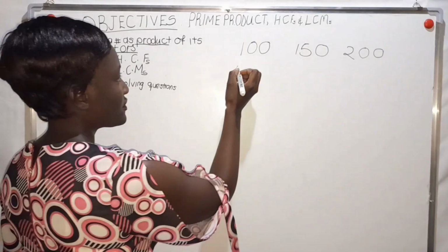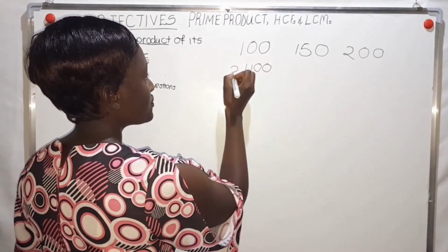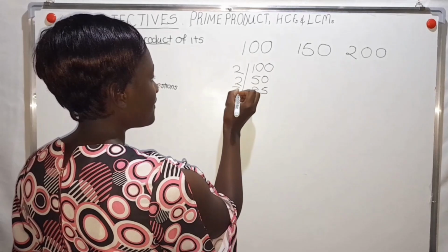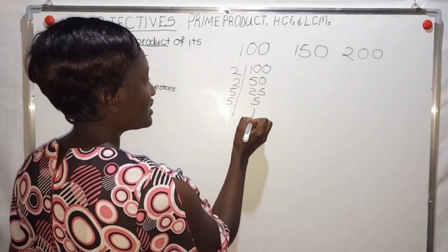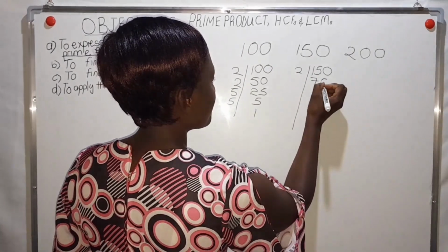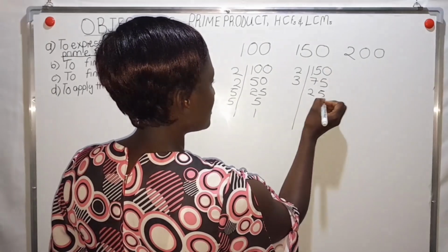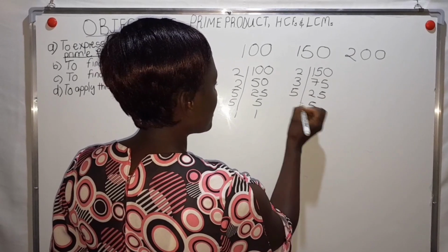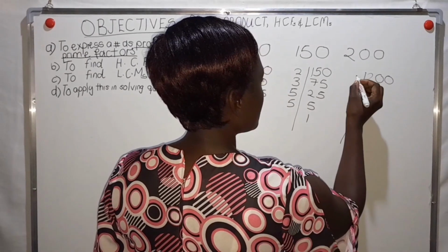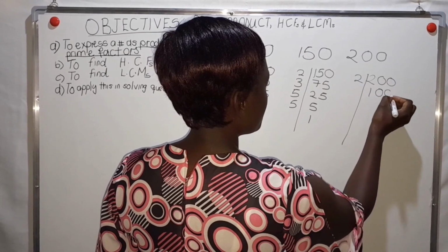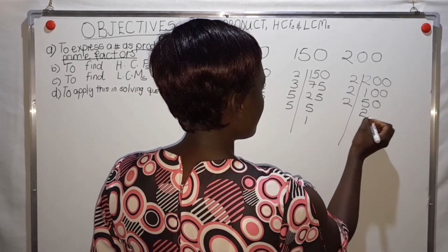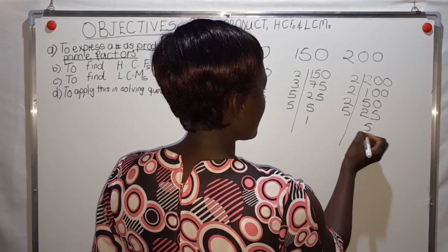First, we express 100 as a product of its prime factors: 2 into 100, 50; 2 into 50, 25; 5 into 25, 5; 5 into 5, 1. 150: 2 into 150, 75; 3 into 75, 25; 5 into 25, 5; 5 into 5, 1. 200: 2 into 200, 100; 2 into 100, 50; 2 into 50, 25; 5 into 25, 5.